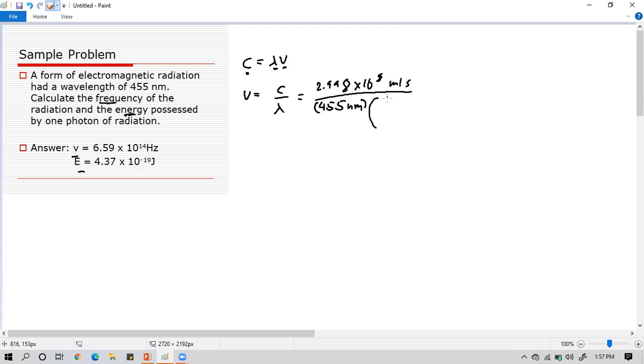Per 1 nanometer, we have 1 times 10 raised to negative 9 meter.